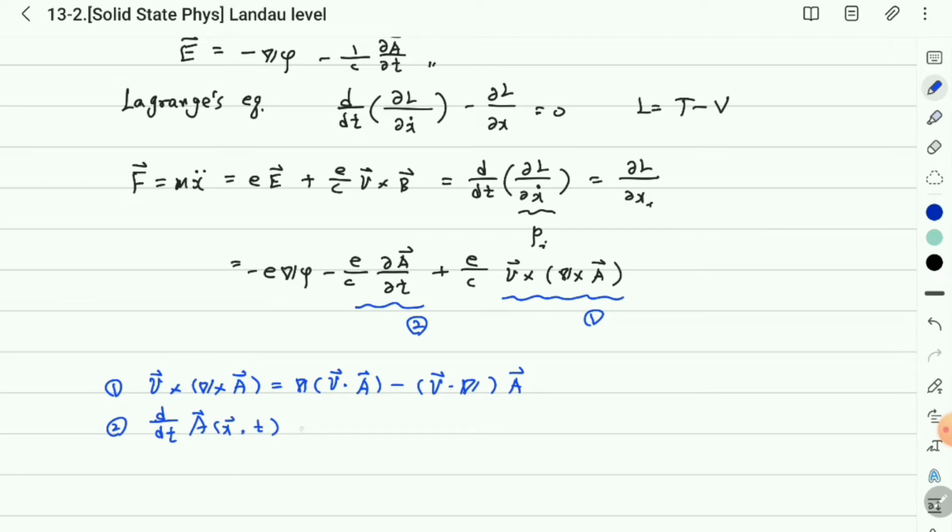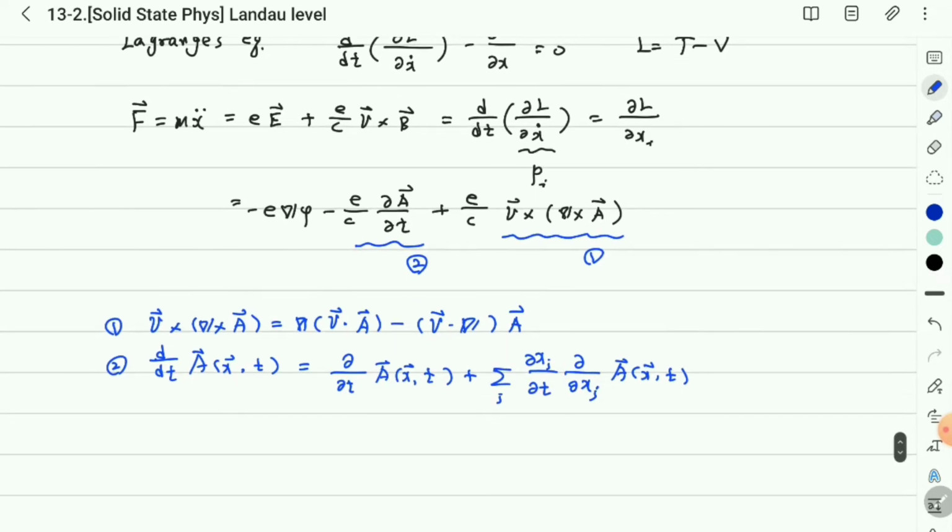Then we can think about partial differentiation of A with respect to x and t, and here in the vector, the x_j derivative with respect to time should be included, and it is the j component.